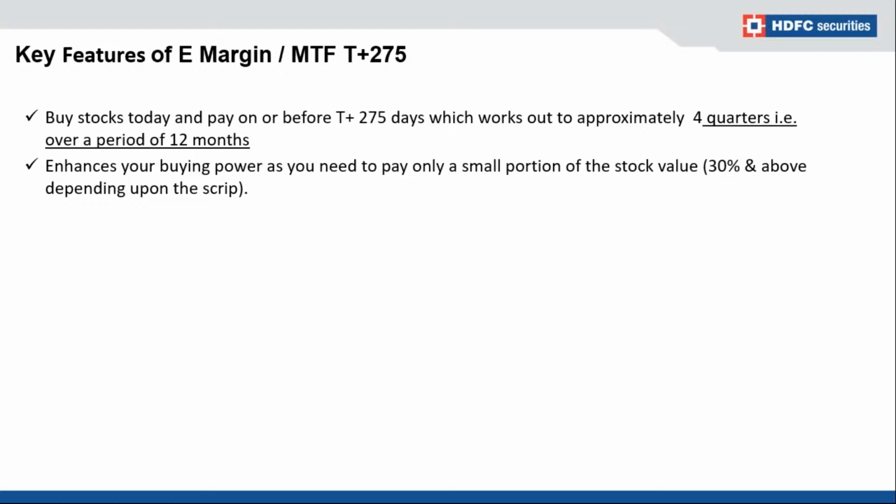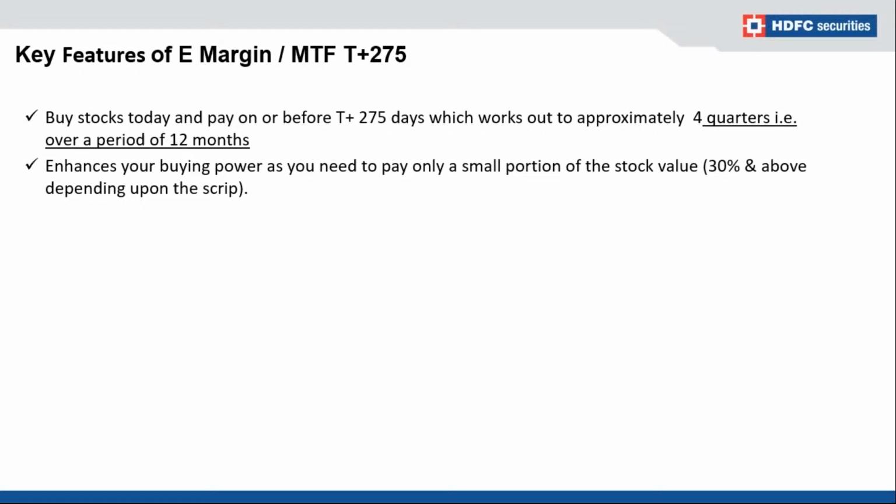So for example, how does it work? Suppose you are buying 100 shares of ABC at rupees 2500 on Monday, and you have an option to square up the position or convert to delivery till T plus 275 days or as applicable.